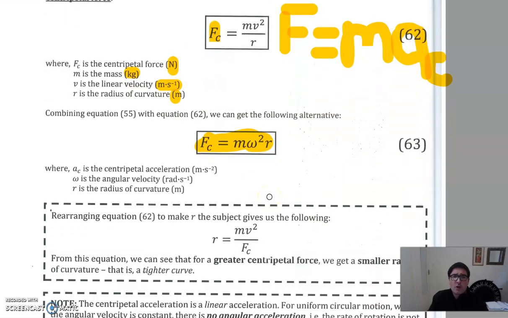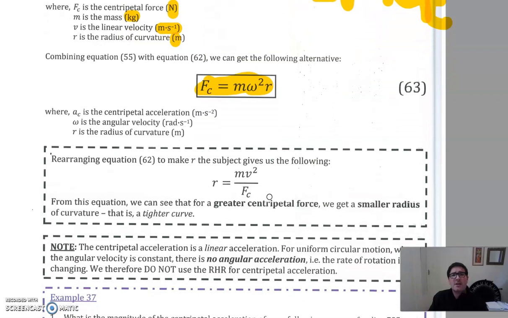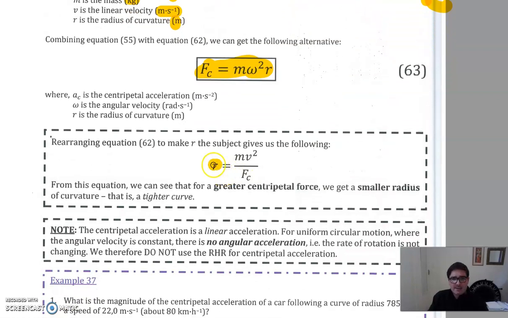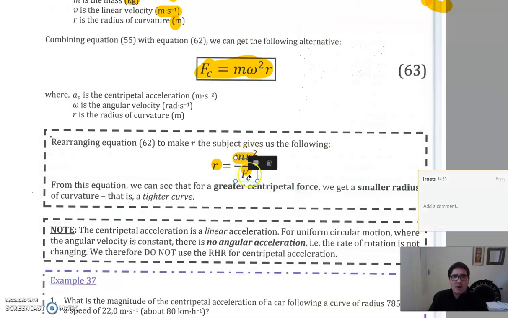You could rearrange these equations to make the radius the subject, so that you get the radius in terms of the centripetal force, the mass and the linear velocity.